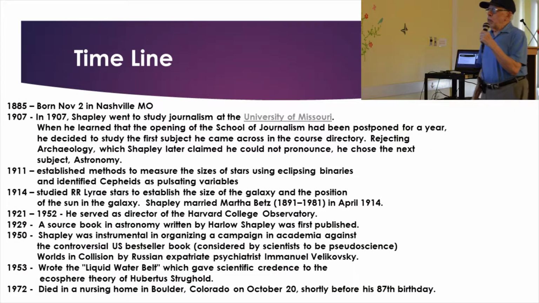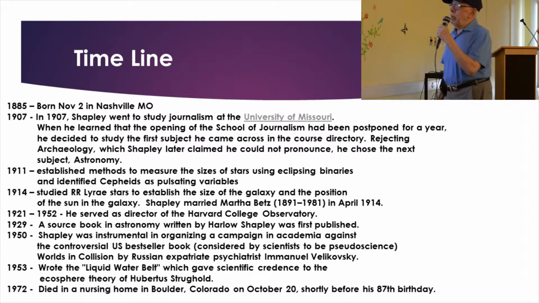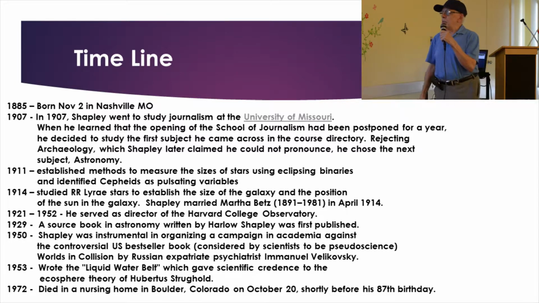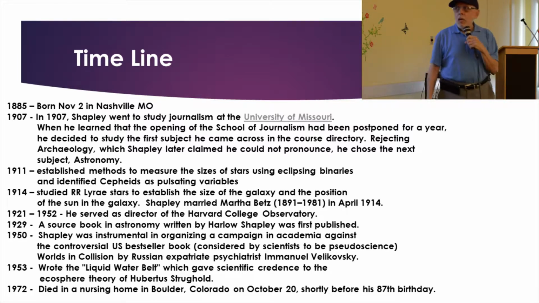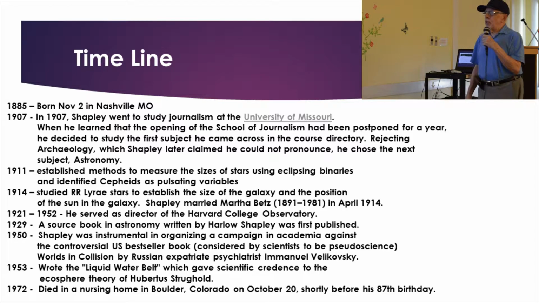So he was born in Nashville, Missouri, in 1885. It's kind of interesting. In 1907, he went to study journalism at the University of Missouri. And he was told that the School of Journalism wouldn't be opening for a year. So he decided to study the first subject he came across in the directory of the courses, and it was archaeology.